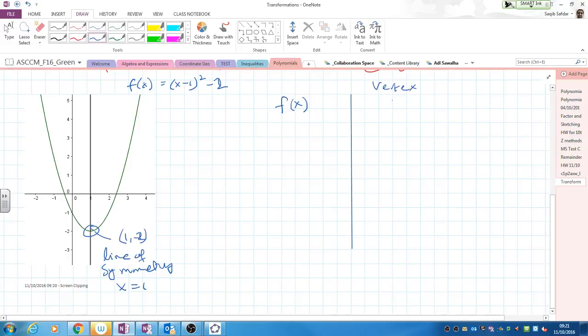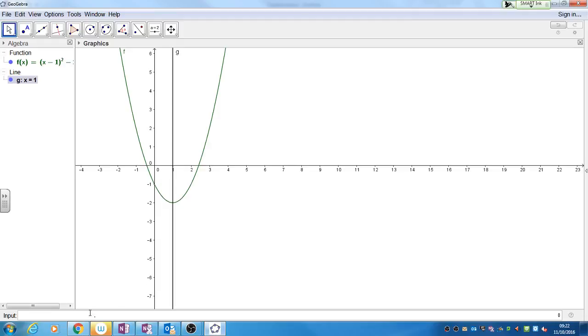What we'll do is start moving f of x around, doing some transformations on f of x, and see what happens to the vertex. So the vertex we've got at the moment is 1, minus 2. Agree? Okay. Let's take f of x now.